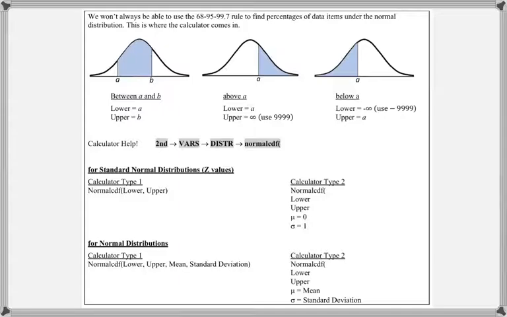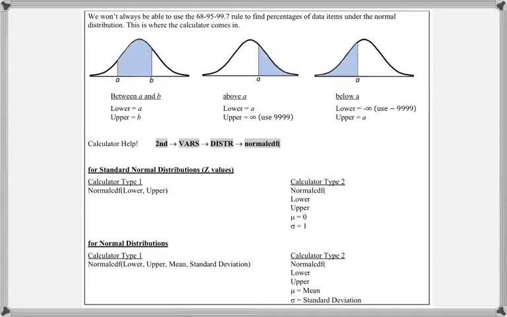So for the calculator, we want to press second and then the vars key, and that will take us to the distribution menu, and we want to select the normal CDF.